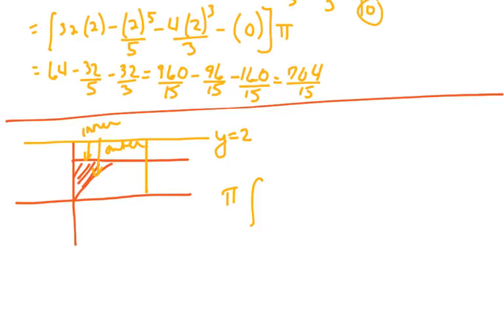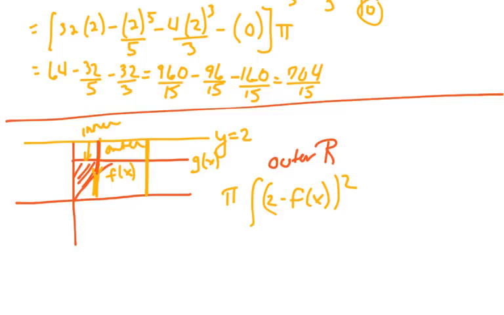So the outer radius is actually going to be 2 minus f of x, squared, whatever that function is. I'm going to call this f of x for now, and I'll call this g of x. If this is 2, and this distance is f of x, then this distance, which is your outer radius, or your big R, is going to be this minus this.